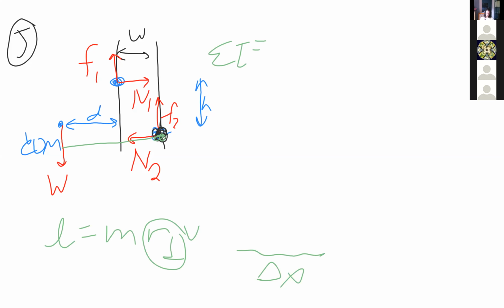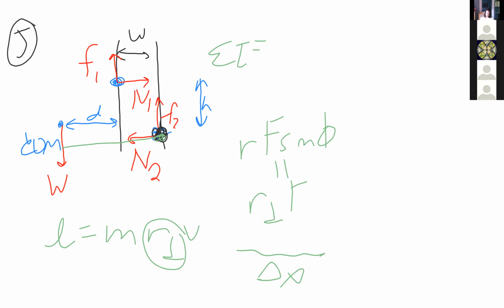We can do a similar thing here where instead of doing rF sine phi, this will be the same thing as the r that is perpendicular to the force as measured from the pivot point. So in this case, the r that runs perpendicularly to the weight force will just be a horizontal line, and that horizontal line will have a length of d plus w.